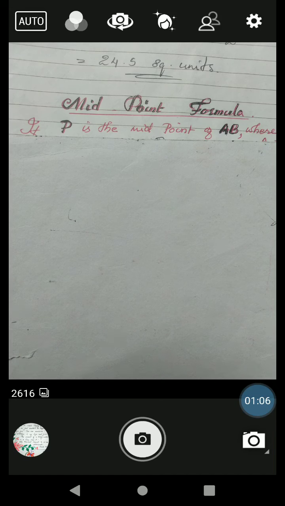So remember that formula. And now we are going to find out the midpoint formula.